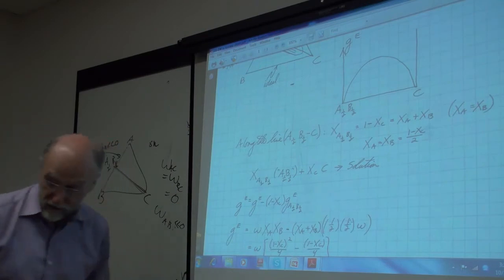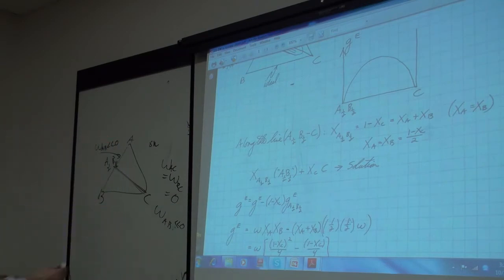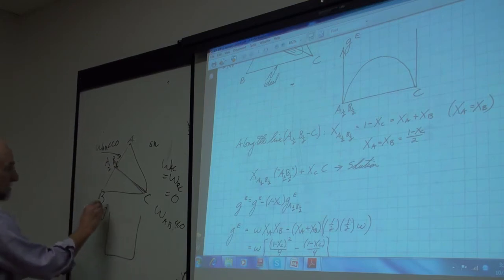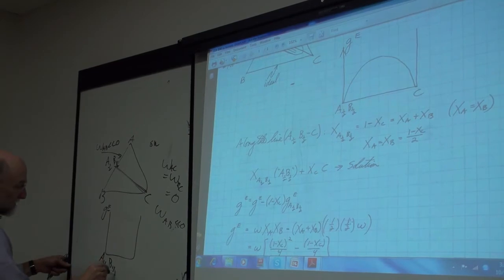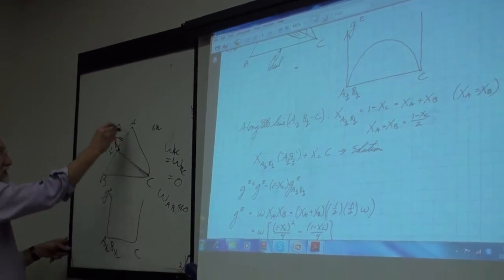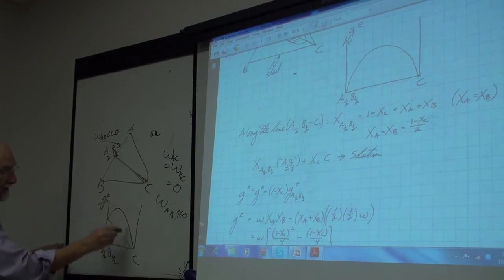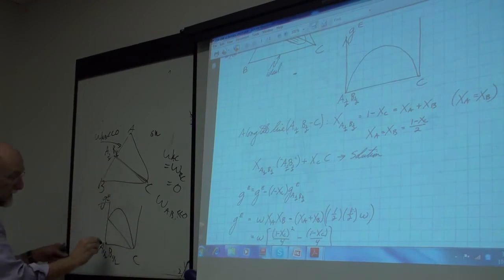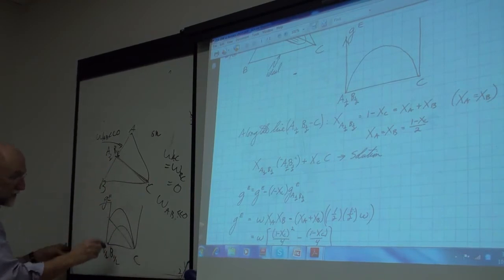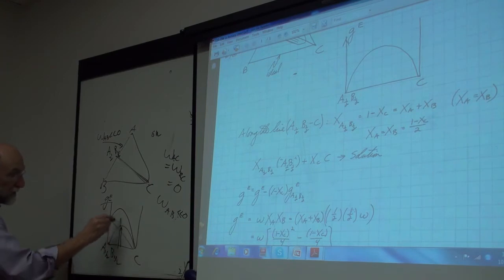I'm just reducing it. This would be GXS along the line A1/2, B1/2, C. If this is the GXS with respect to A, B, and C, then the curve would look like that. I'm making it with respect to this point down here, so the GXS here is equal to the GXS here minus this times 1 minus XC.